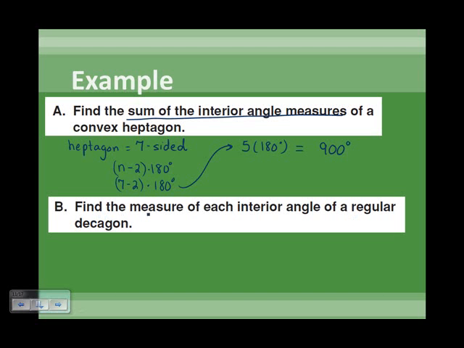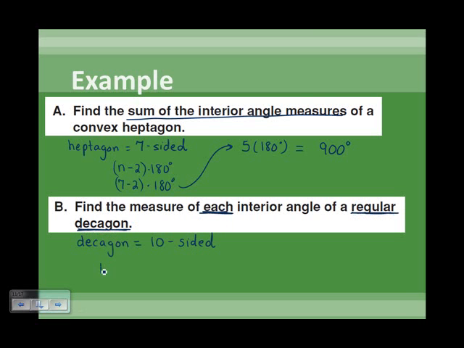For this next one, it says find the measures of each interior angle, that's important, each interior angle of a regular decagon. So a decagon, we first have to recall, is 10-sided. They also said it's a regular decagon, which means that all 10 angles would be the same.